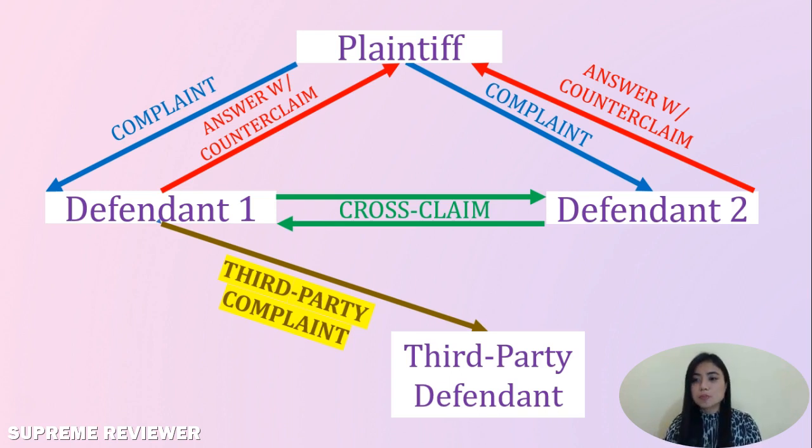A third-party complaint is a procedural device whereby a third party who is neither a party nor privy to the act or deed complained of by the plaintiff may be brought into the case with leave of court by the defendant who acts as a third-party plaintiff to enforce against such third-party defendant a right for contribution, indemnity, subrogation, or any other relief in respect of the plaintiff's claim.